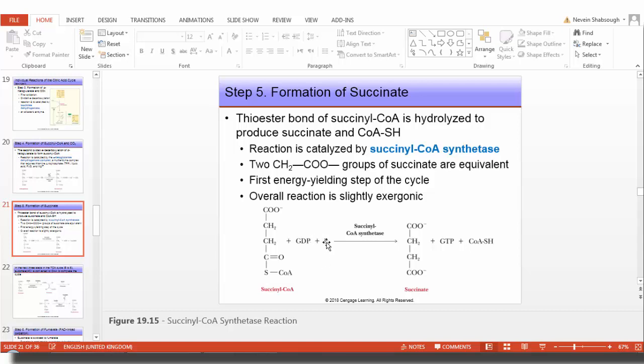The phosphorylation is an endergonic reaction and it gets the required energy from the hydrolysis of this thioester bond. And this is called coupling, and coupling is what metabolism is all about.